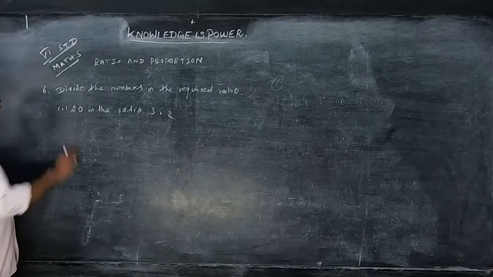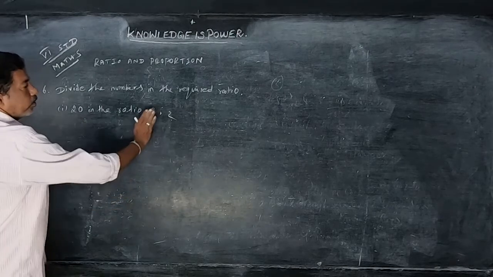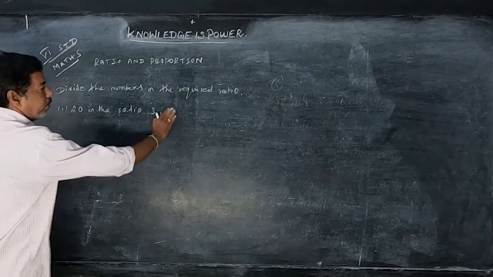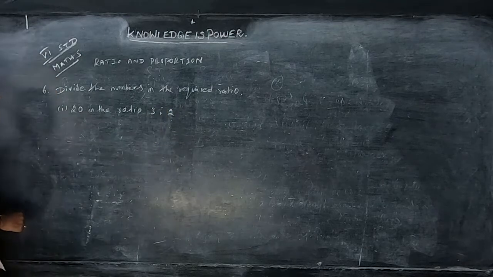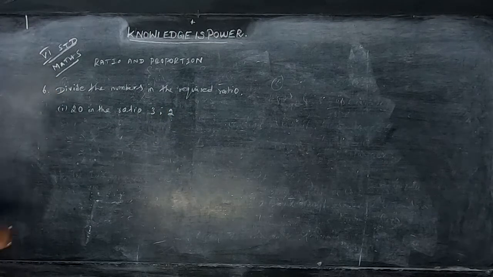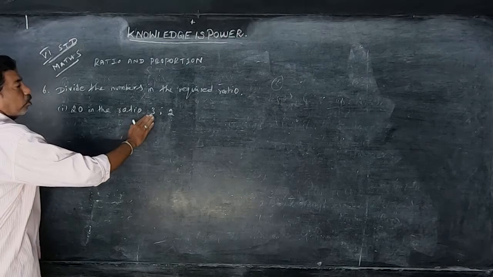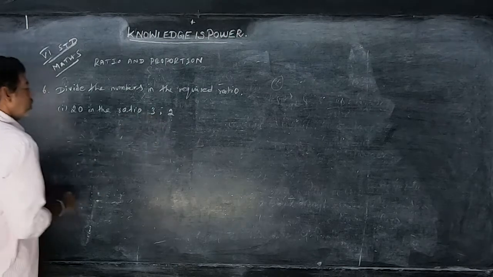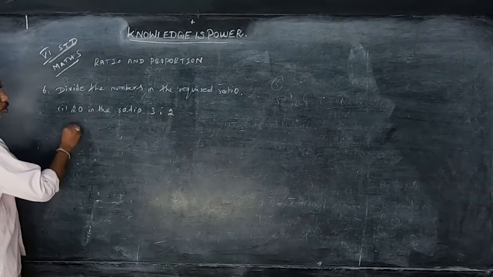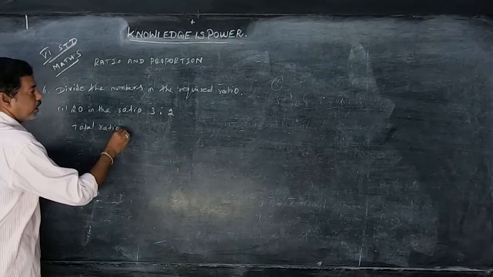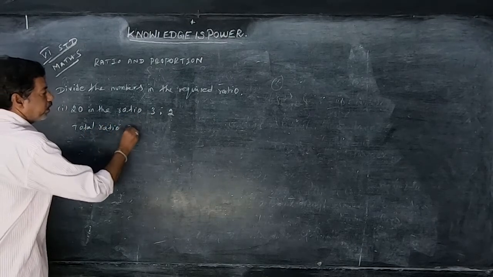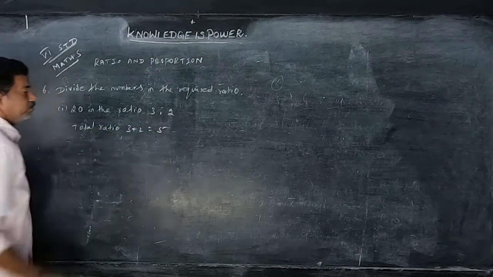So how can we divide 20? One person gets 3 parts and the other gets 2 parts, separately. We already did this in the example sums, the same model. First find the total ratio: 3 plus 2 equal to 5.